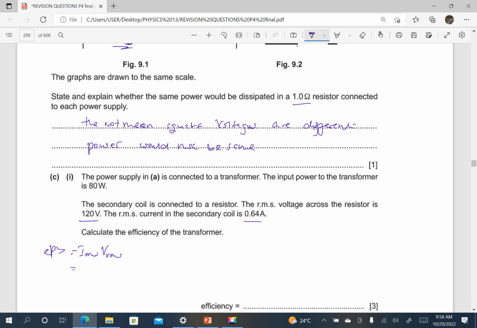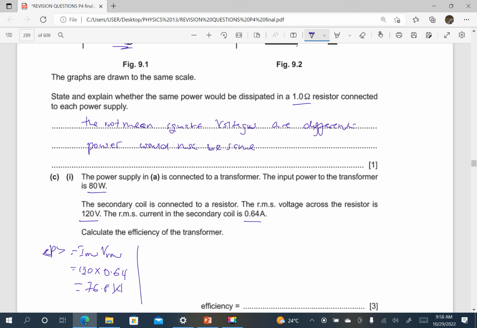Because the power input in the transformer is this, let's look at the power output. The average power output, we'll consider root mean square values. For voltage we have 120, and for current in the secondary we have 0.64. When I press my calculator here, this is 76.8 watts. That is the output power.